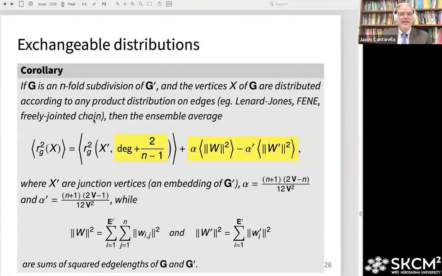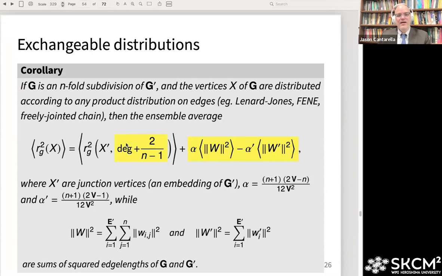You can still take ensemble averages and use linearity of expectations to say that the expected radius of gyration of the subdivided graph, even in this more realistic setup, is the expectation of a weighted radius of gyration on the junction graph, plus the expectations of these lengths and junction-junction distances.